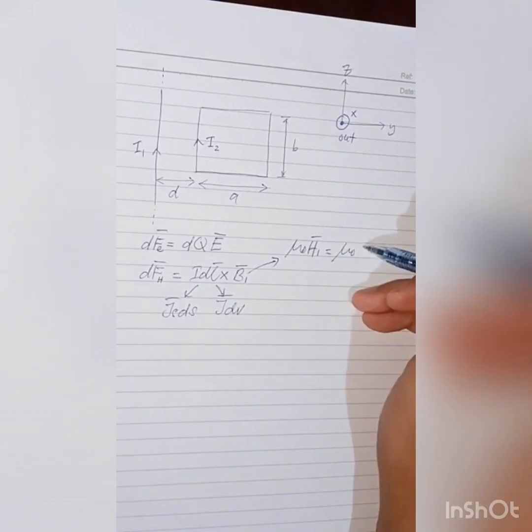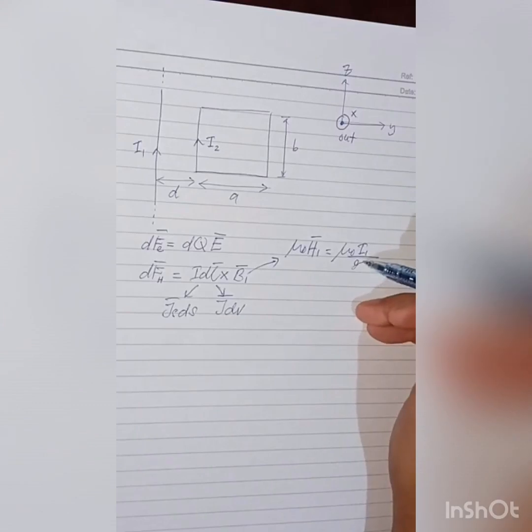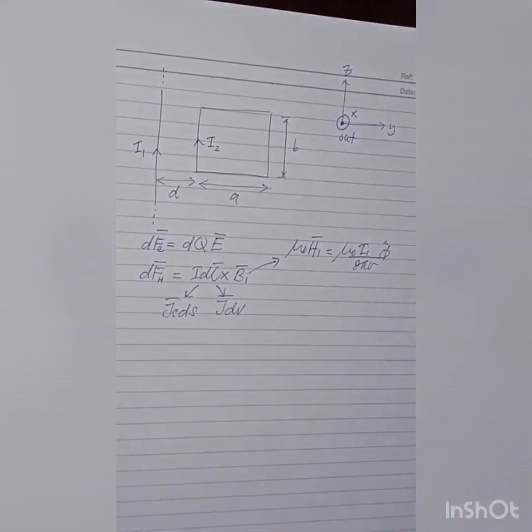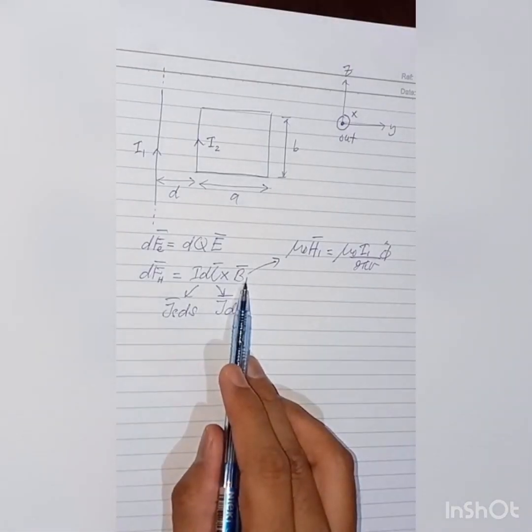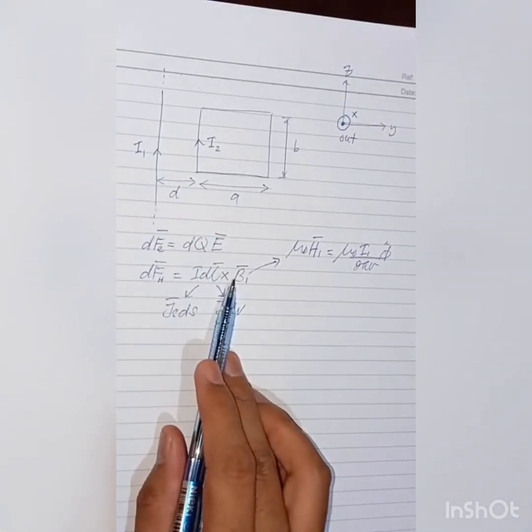The equation becomes I1 over 2 pi r, phi component. That's the general equation for the H due to an infinitely long line current.